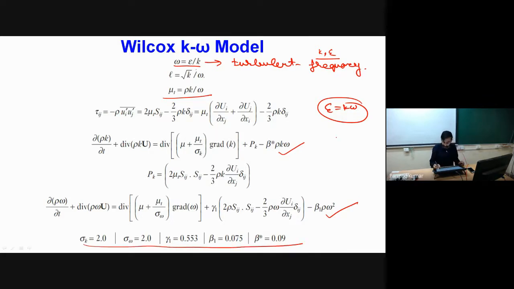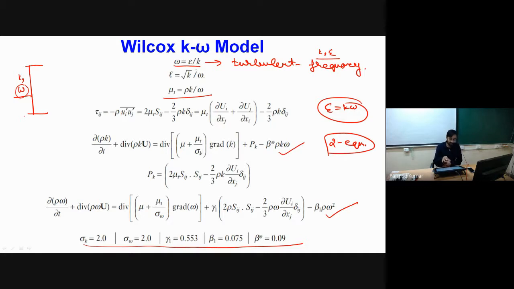So this K omega model is also a two equation model, and instead of having K and epsilon, we are using transport of turbulent frequency. Now, though this model was tried because it was a slight change to the standard K epsilon model, its limitation is that earlier we specified boundary conditions for K and epsilon, and now we have to specify boundary conditions for K and omega, which are based on some approximation.